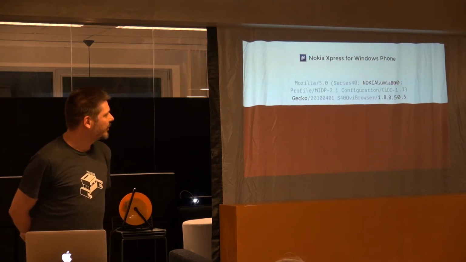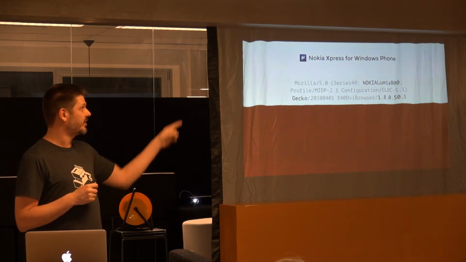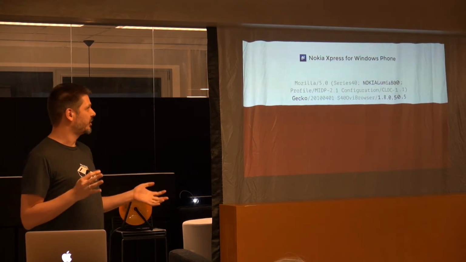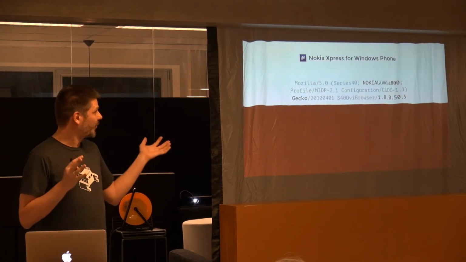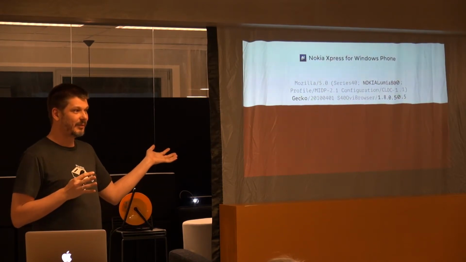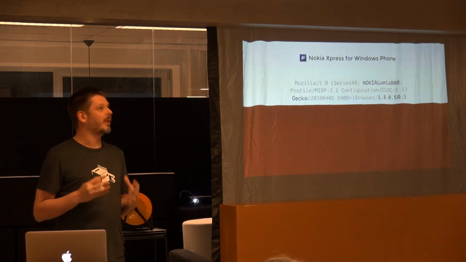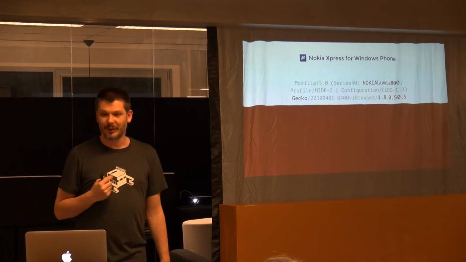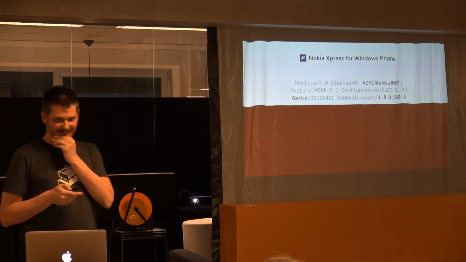This one says it's a Lumia 800, which we know is a Windows Phone device, but it says it's Series 40. Series 40 is an operating system created by Nokia for dumb phones. So why does it say Series 40? Because this browser is actually a proxy browser that was first created for Series 40. And when they released it for Windows Phone, they forgot to update the user agent string.